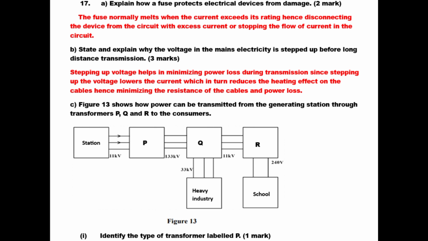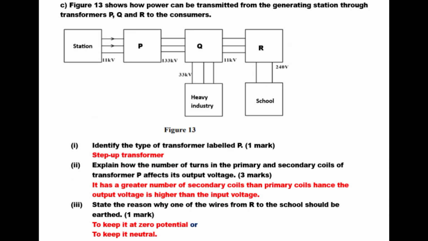Identify the type of transformer labeled P. So let's look at the voltage input for P. 11 kilovolts, that's the primary voltage. Secondary voltage 133 kilovolts. You can see that the voltage has stepped up from 11 to 133 kilovolts. That means P is a step up transformer.